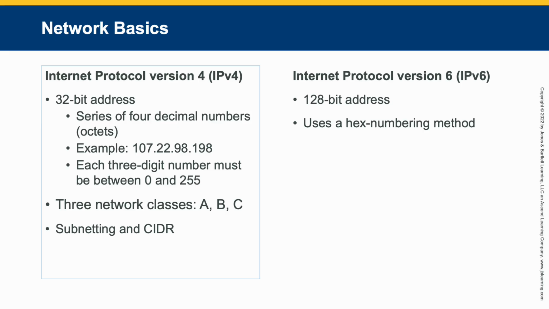Due to the limited number of available IPv4 addresses, approximately 4.3 billion, universities often rely on techniques like network address translation, or NAT, and Dynamic Host Configuration Protocol, or DHCP, to efficiently manage address allocation.